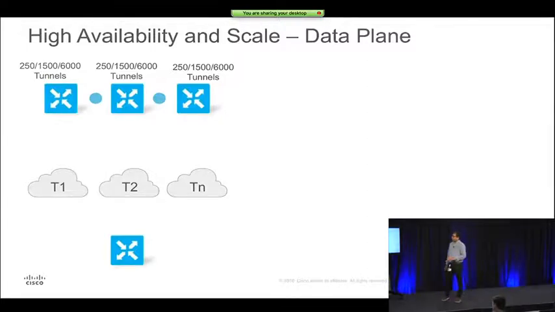From a tunnel scale perspective, our lowest-end box, the VH100, does up to 250 tunnels. The VH1000, which is the 1 gig version, does 1,500 tunnels, and the VH2K can do up to 6,000 tunnels. If it's a data center with, let's suppose, 12,000 or 18,000 tunnels, those can be horizontally scaled as well.